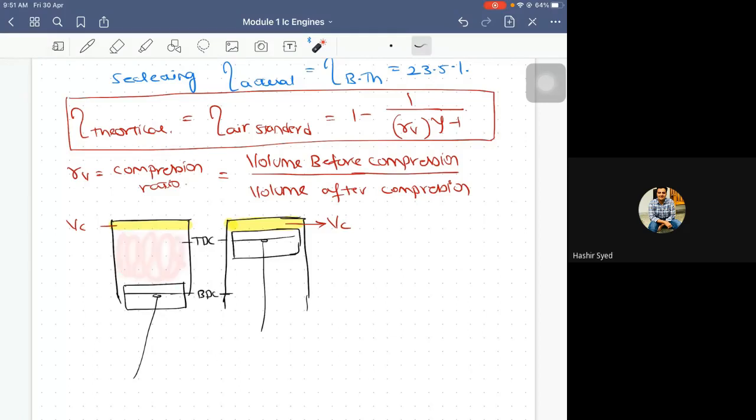This particular volume, which I am highlighting now with a different color, is the swept volume. So this particular volume is swept volume. Got it, everyone?